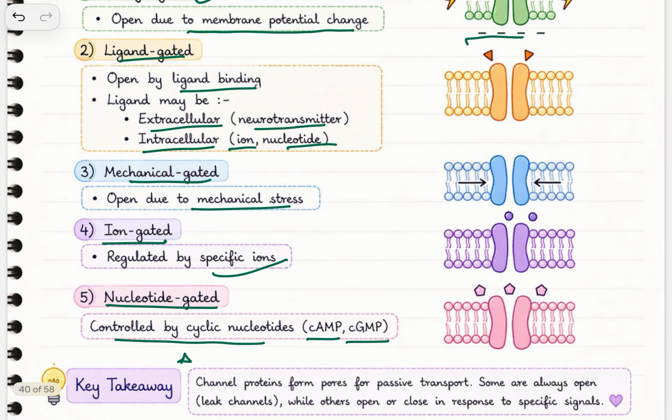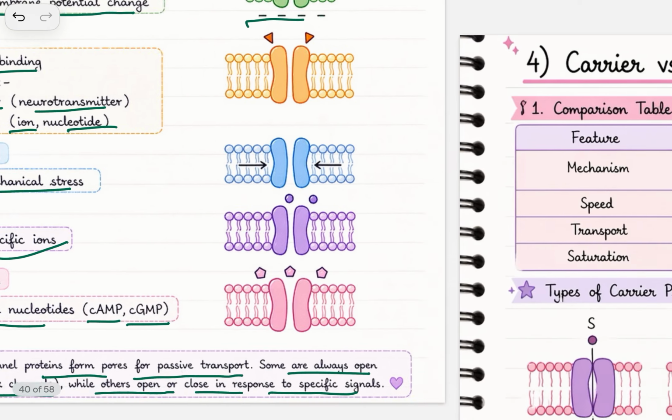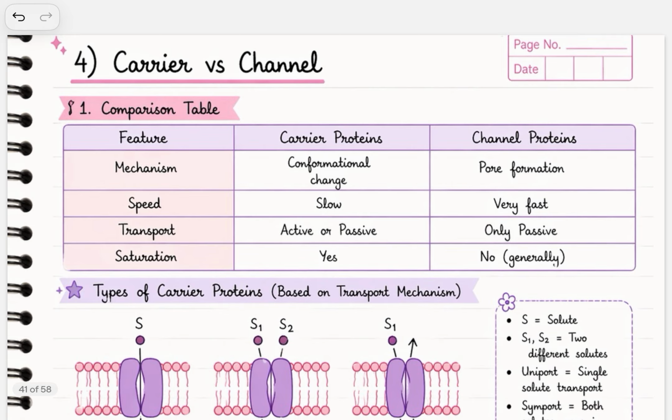Important point to remember, channel proteins form pores for passive transport. Some are always open like leak channels, while others open or close in response to specific signals. So here is the difference between carrier and channel transport proteins.